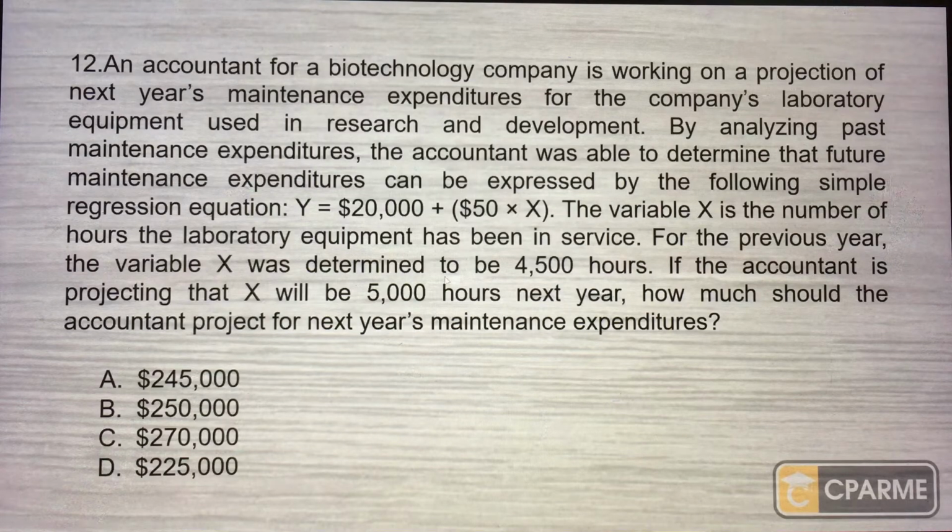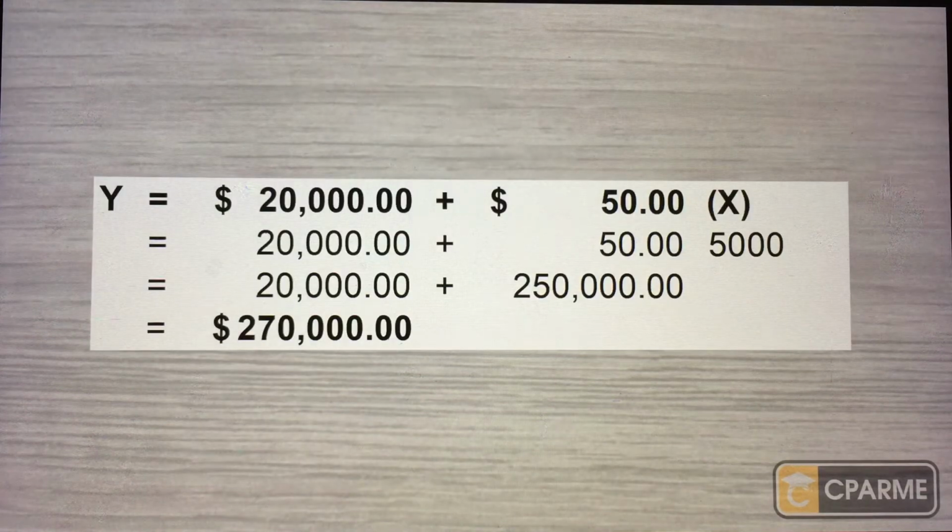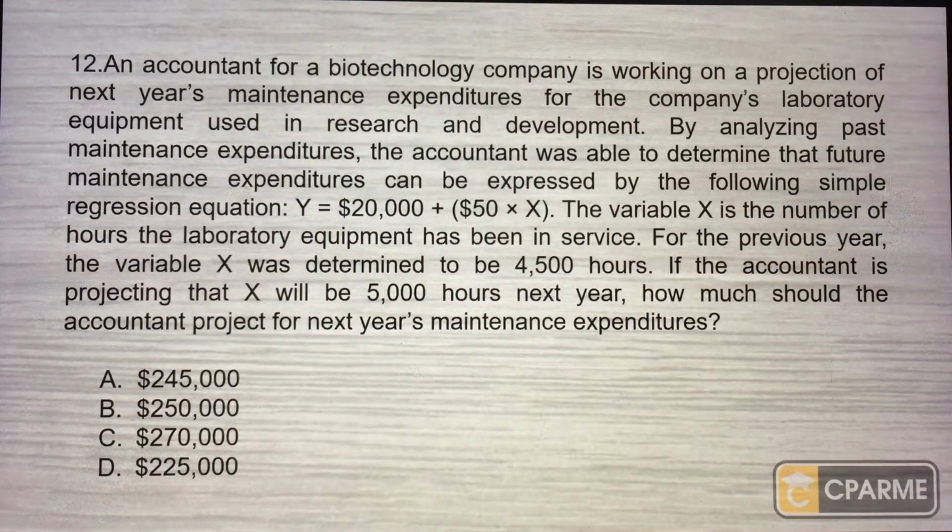Okay, substitute lang natin yung 5,000 dito sa x. So 5,000 times 50 plus 20,000, it's 270,000. Letter C. Kasi we're projecting next year's maintenance expenditures. That's why we use this 5,000 hours. But if the question is how much will be the projected maintenance expenditure for last year, then we should incorporate that 4,500 times 50 plus 20,000.